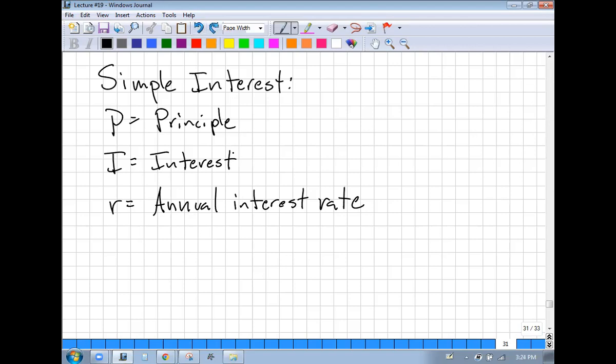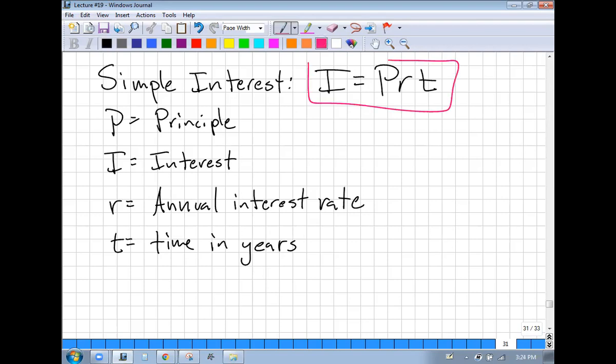And T is the time in years. So simple interest is I equals PRT. I party. You can remember that, right? That's your simple interest. And again, that's where it's just the number of years.